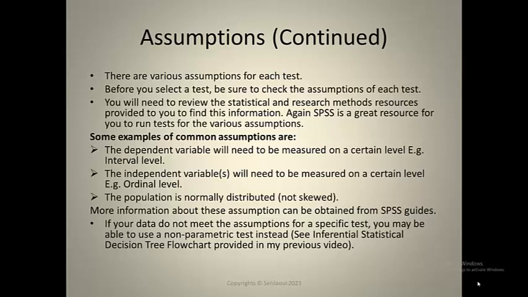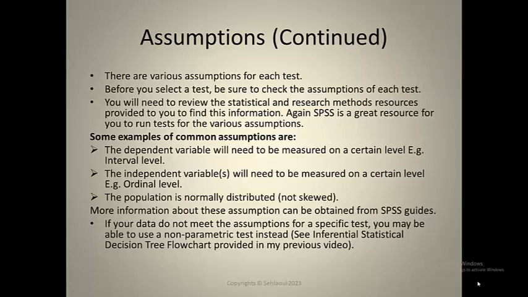Some examples of common assumptions are, one, the dependent variable needs to be measured on a certain level, for example, interval level. The independent variable or variables will need to be measured on a certain level again, like an ordinal level. The population is normally distributed, not skewed.